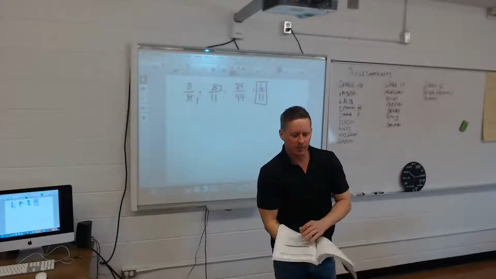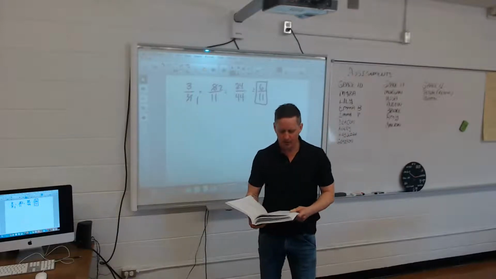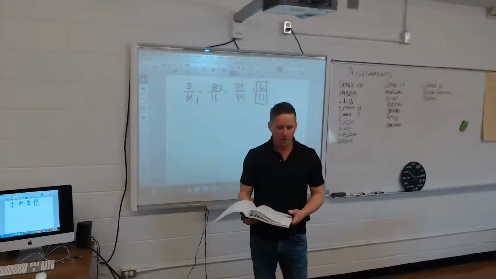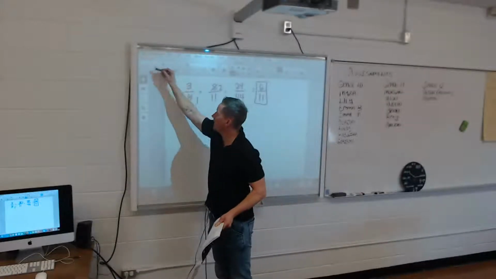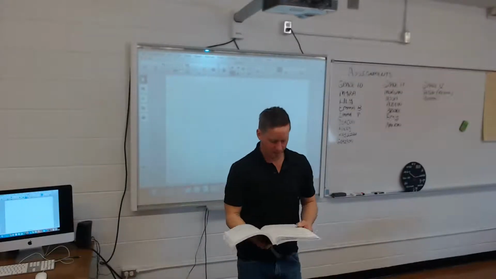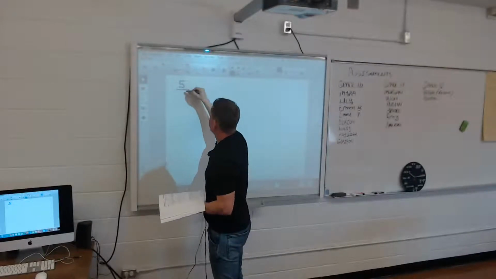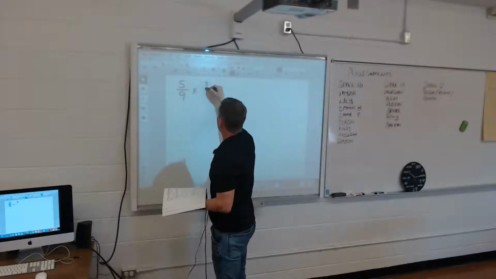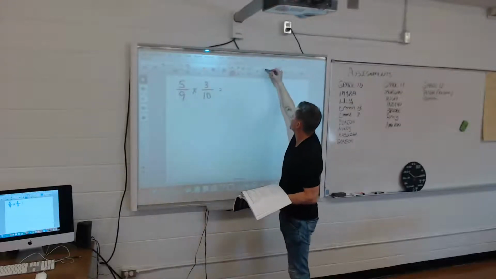So when we multiply polynomials, that's the easiest way to do it. Open up to page 242, and I'll go through the examples on 242. I've got 5 over 9 times 3 over 10.